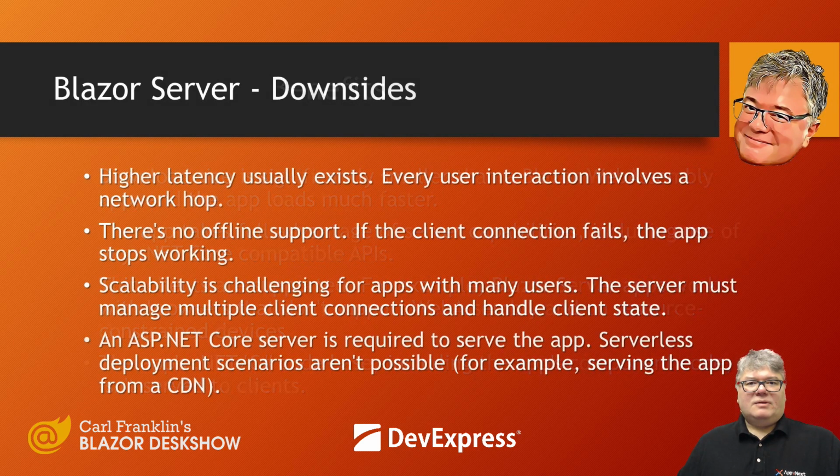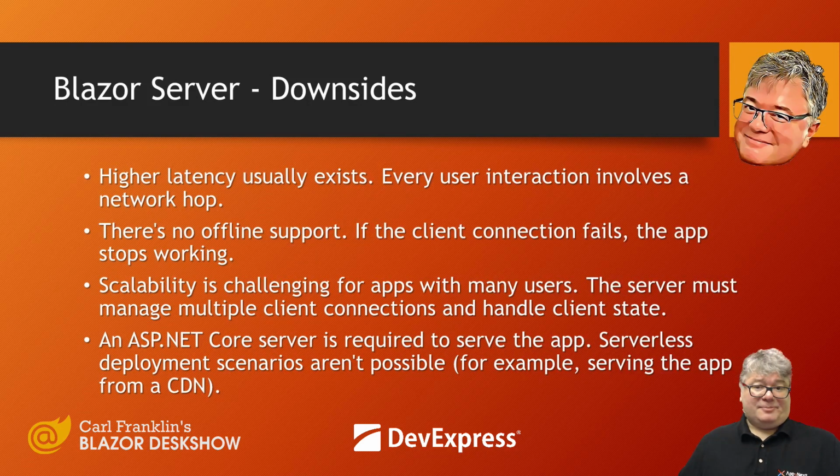All right. The downsides of Blazor Server. There's added latency because of that network hop required to SignalR for every UI interaction. That's every checkbox, every list box selection, every button click, any kind of UI reaction, right, needs to go back to the server.